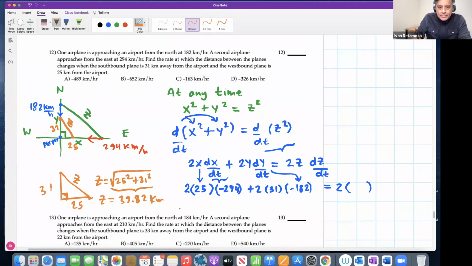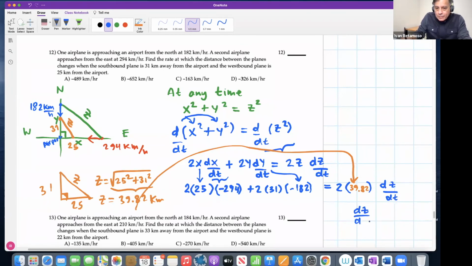This is what you have to put here, 39.82, and dz/dt is what we need to find.